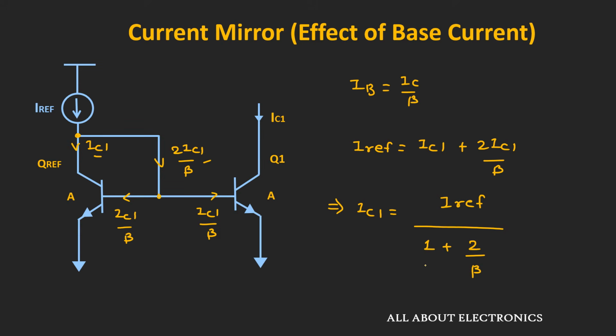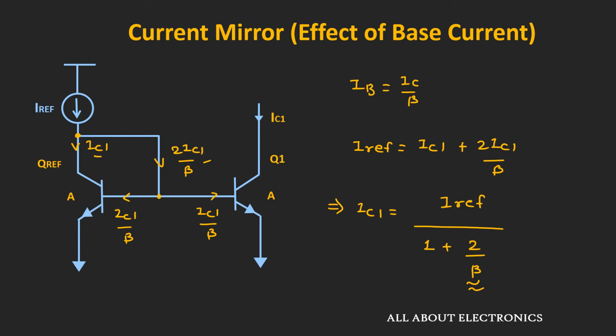Now usually the value of beta is very high. In that condition we can neglect the second term and IC1 will be approximately equal to I reference. Whenever the value of beta is very high, the base current IB will be negligible, and in that case the collector current IC is approximately equal to the reference current.